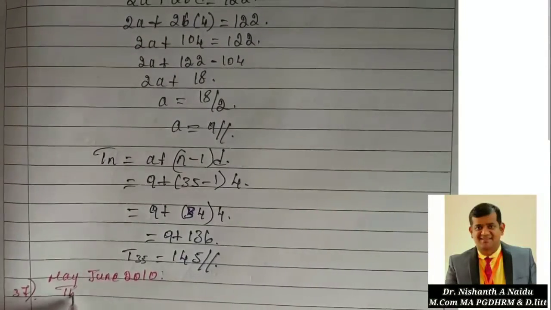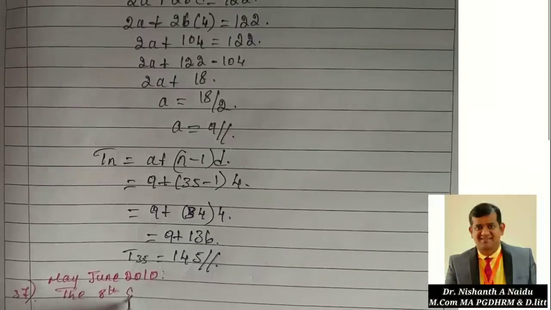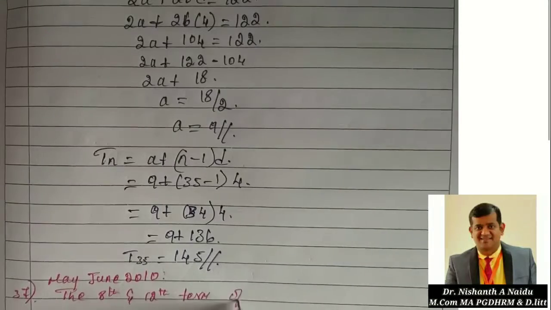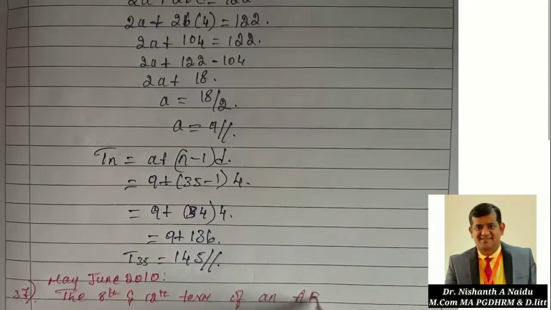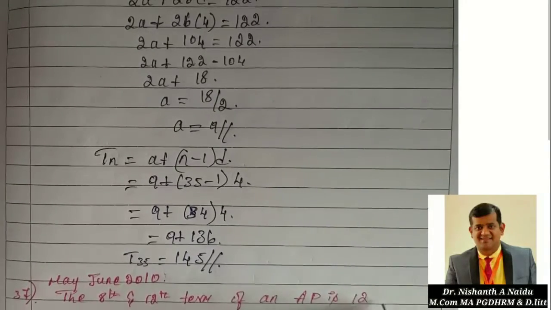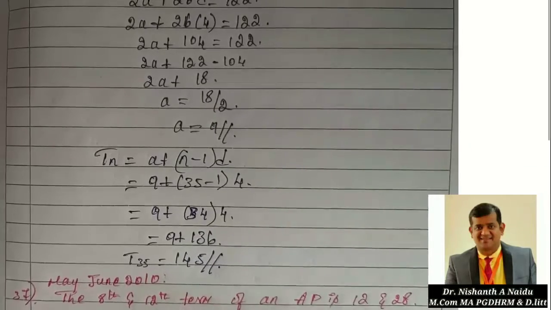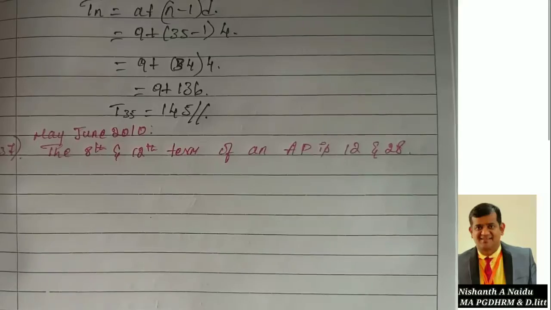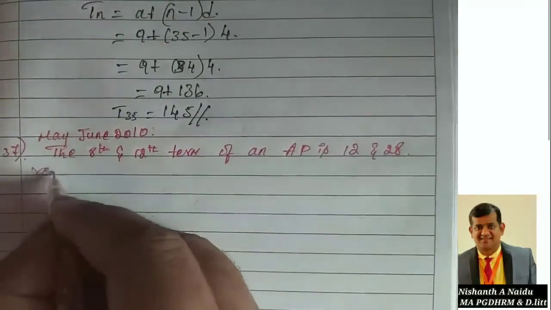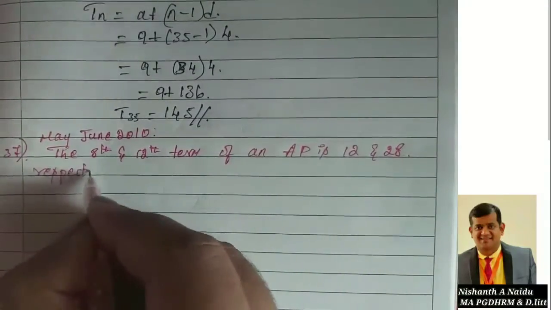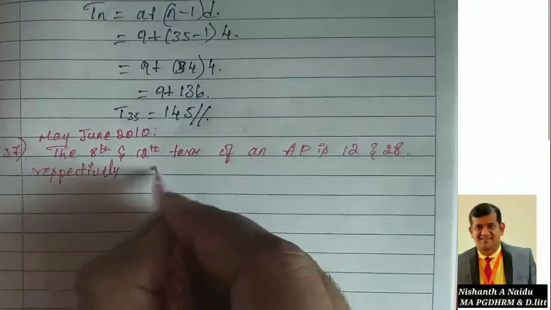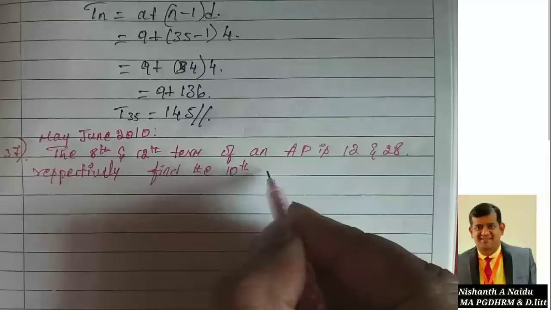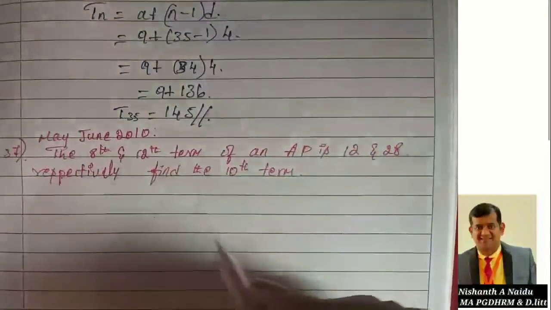The 8th and 12th terms of an AP are 12 and 28 respectively. Find the 10th term.